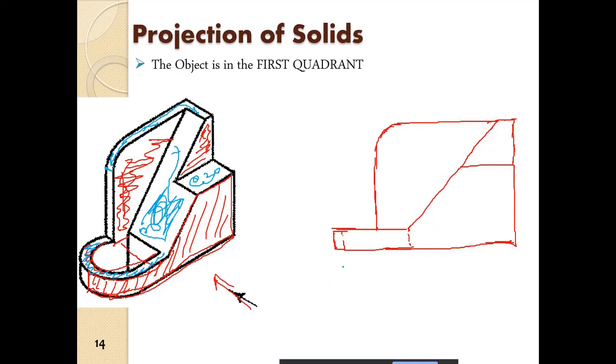So obviously the length will be same as the front view. All right, so there will be one circular edge, and from there on there is a rectangular section here.